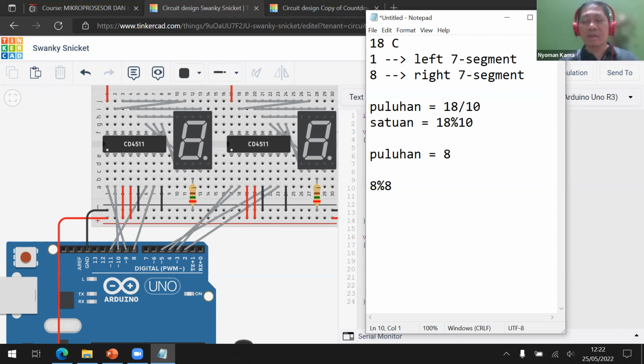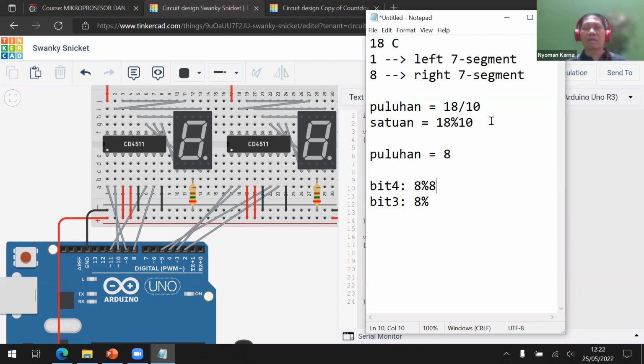This is the first bit, or the MSB. And then bit number 3, it will be 8 modulo, oh sorry, bit number 4 is 8 modulo 4, 2, and 1.